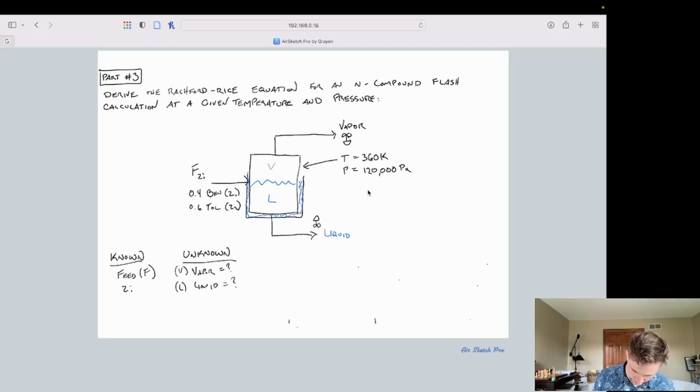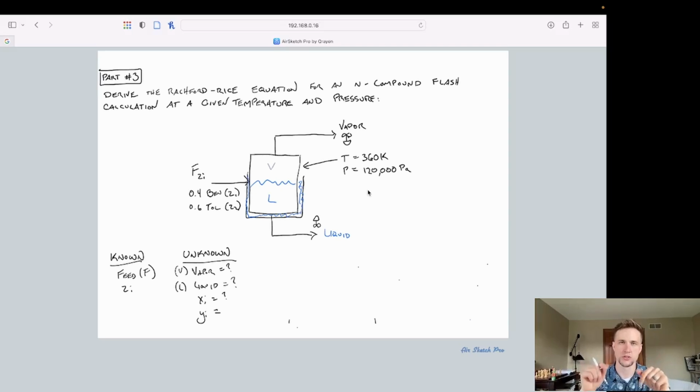What we also don't know is the composition, so the mole fraction of each component in the liquid phase and in the vapor phase. We want to know, for example, the mole fraction of benzene in the liquid phase, the mole fraction of benzene in the vapor phase, and also the same thing for toluene. And if we were dealing with more than just binary systems, we could have N components. We have as many components as we want.